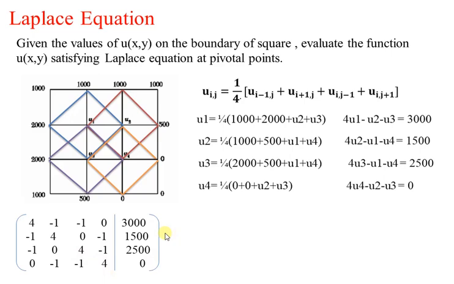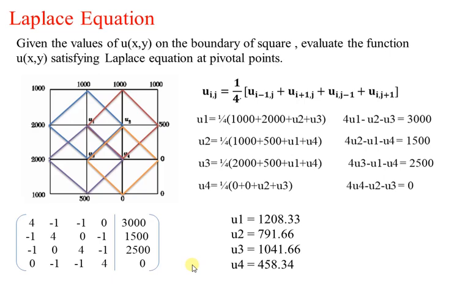Now if we use the Gauss elimination method, then we need to convert this augmented matrix into an upper triangular form, and then apply backward substitution, and we get the result as u1 is equal to 1208.33, u2 is equal to 791.66, u3 value is 1041.66, and u4 value is 458.34.